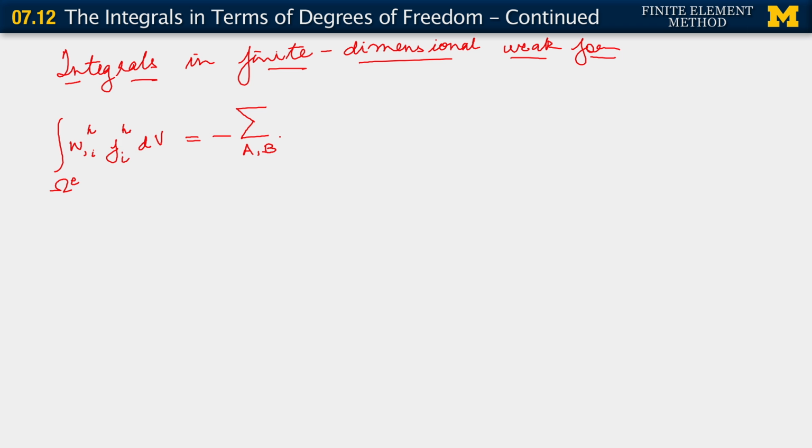In the general case, they run over 1 to the number of nodes in the element, each of them. We have an integral now, and inside this integral, out here we have C, A, E. We don't want to forget that. The integrand is made up of terms of the following form.